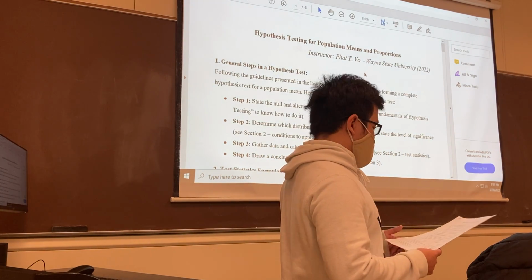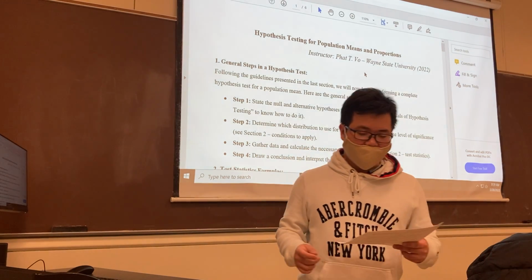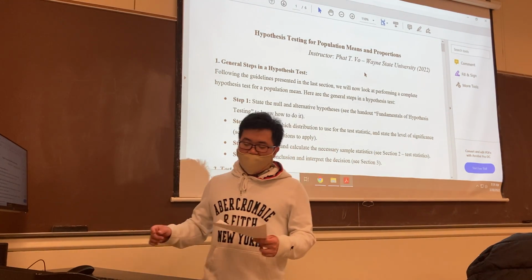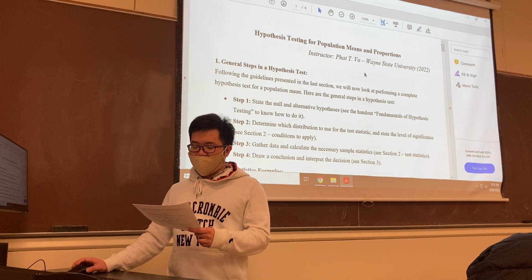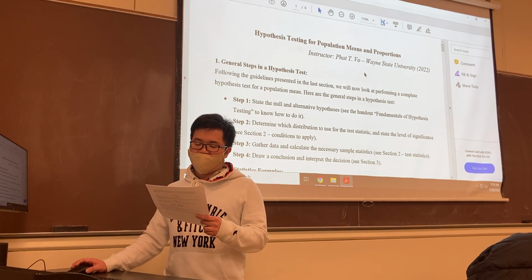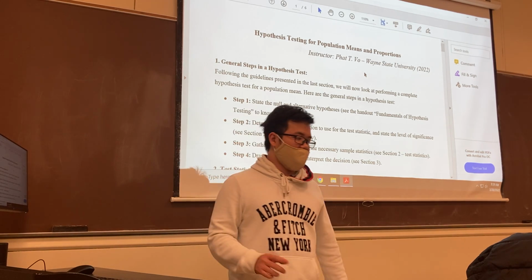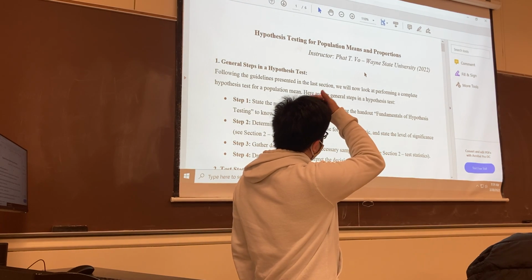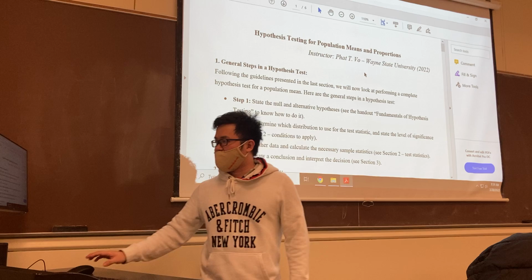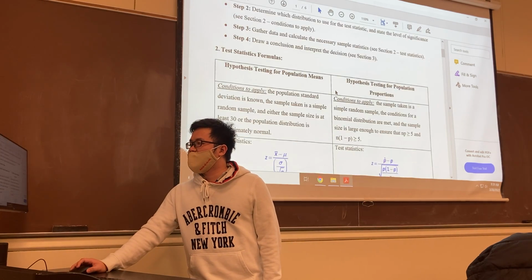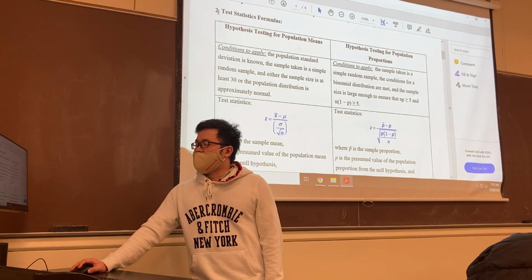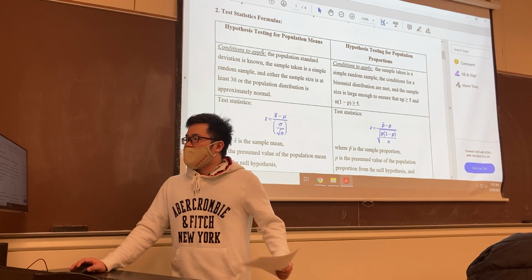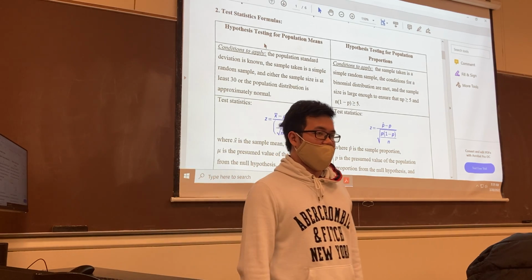And step two, you need to determine which distribution to use for the test statistic and state the level of significance. In this step, you just check the condition. Okay, you can see the table here. We have the table in section 2. Okay, we have two kinds of hypothesis testing.